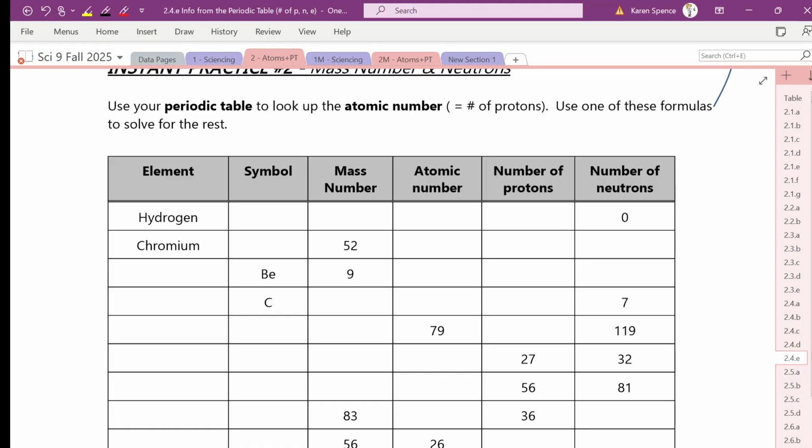You will either be given the number of neutrons or you will be given the mass number. Do you see how either you have the neutrons or you have the mass number?